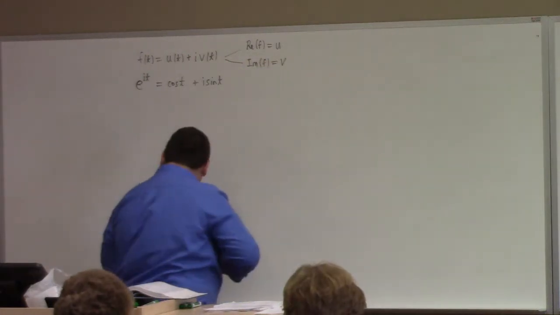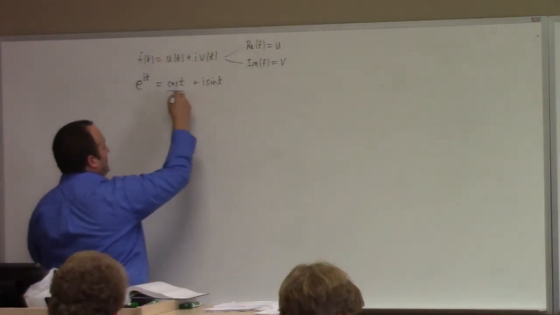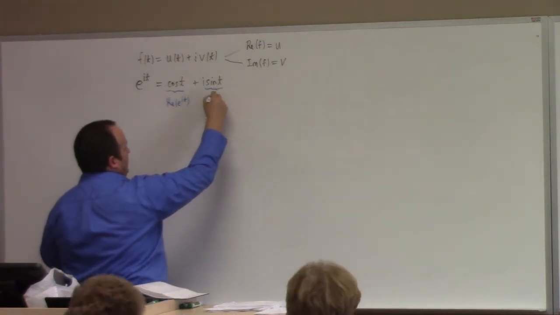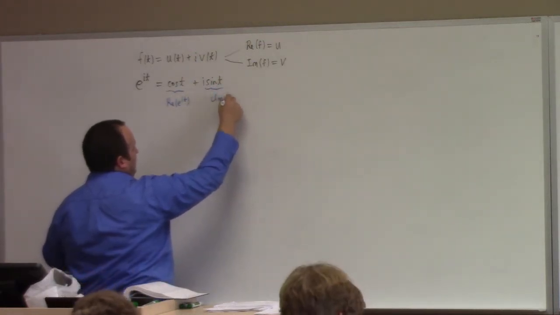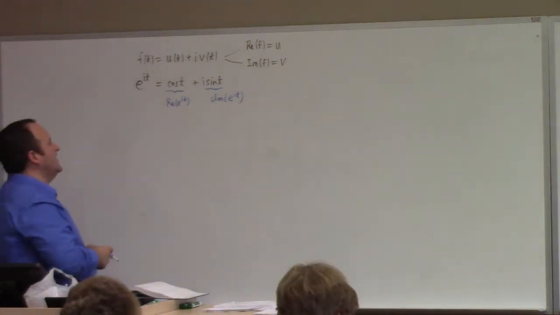So this is the real part of the imaginary exponential, and this is the imaginary part. Sine and cosine are both in there.